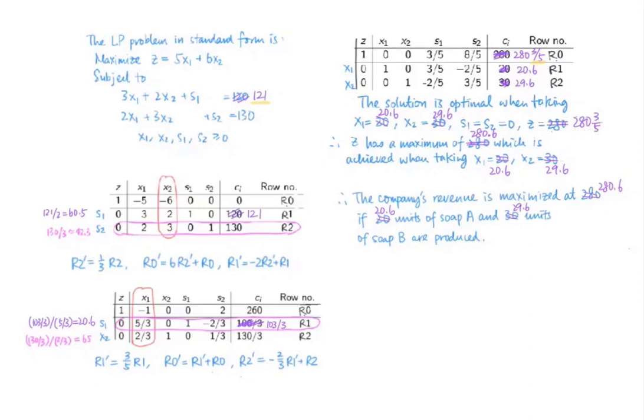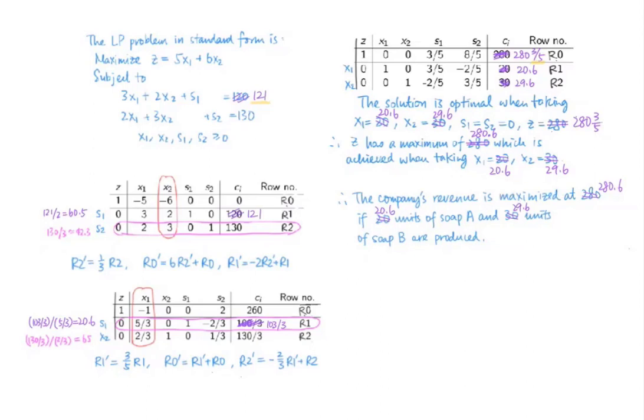plus 3 over 5, which is 280.6. It means that z has a maximum value of 280.6, which is achieved by taking x1 equals to 20.6 and x2 equals to 29.6.